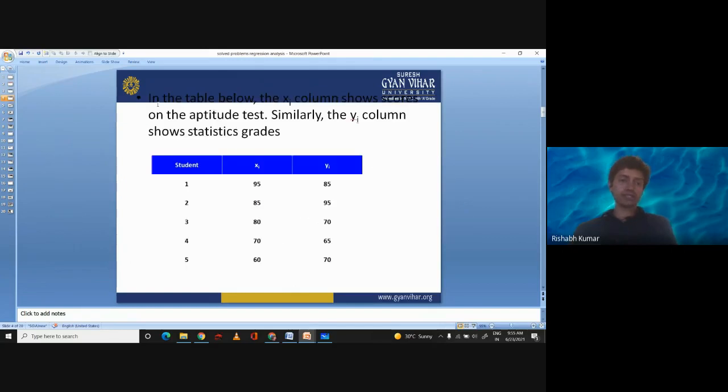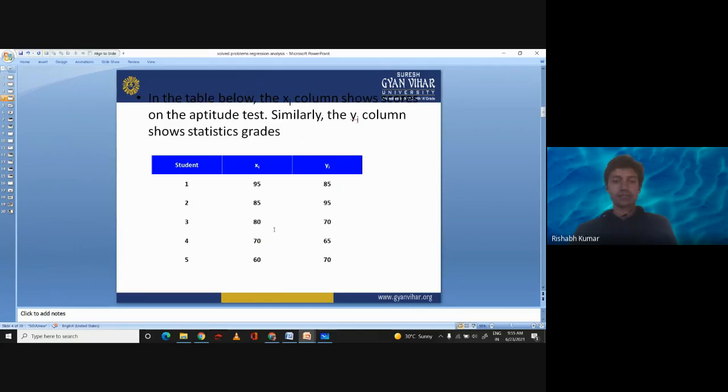Okay, so let us see the table below. The xi column shows the score on the aptitude test. Similarly, the yi column shows the statistics grade. There are 5 students. xi is their number in the aptitude test, and in the y column their number in the statistics grade.